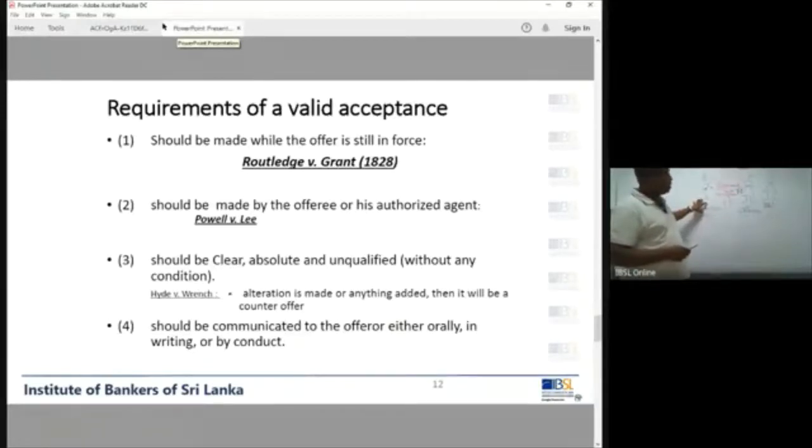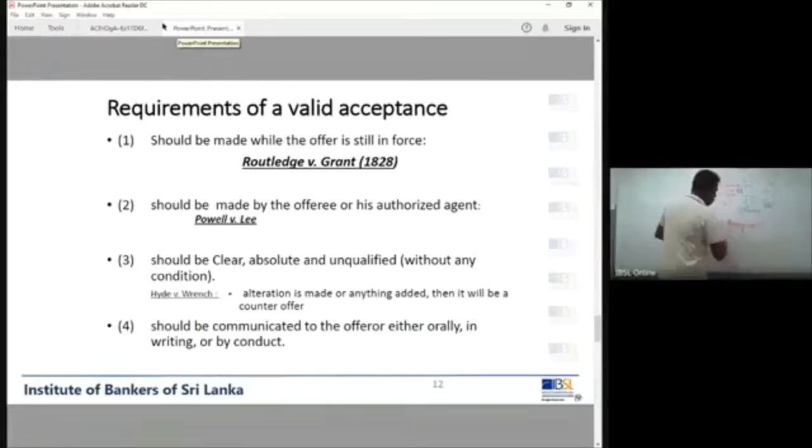The question is, there is an offer, there is acceptance. Sorry, whether there is an agreement. The answer is there is no agreement.